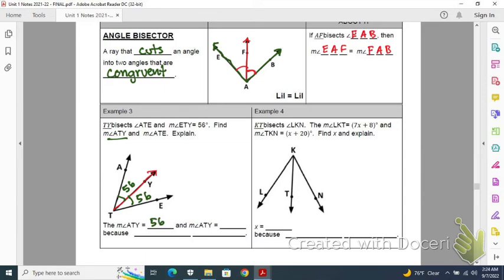Oh, sorry, I messed up this one. Find the measure of ATE. That means ATE is going to be this big angle. That's just going to be 56 plus 56, which is 112 degrees.